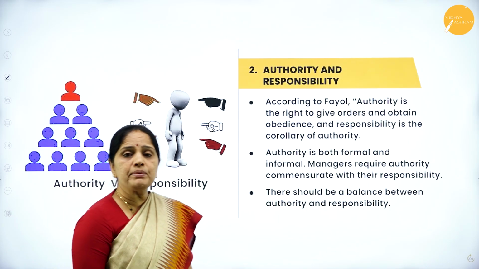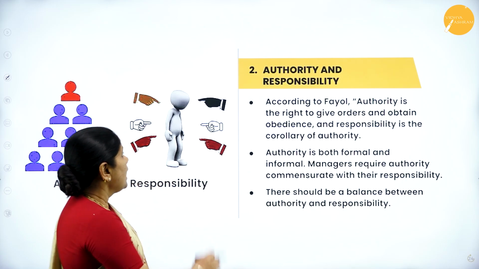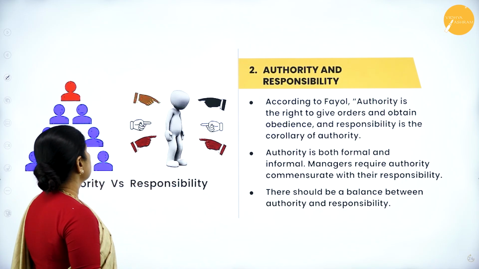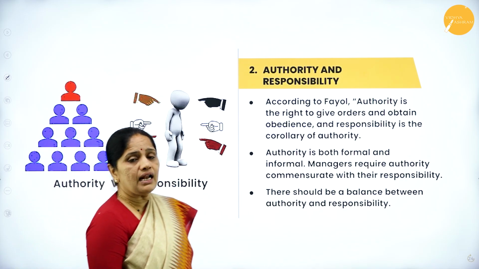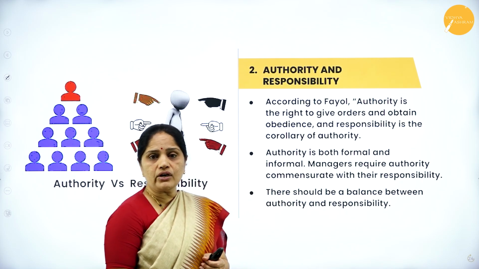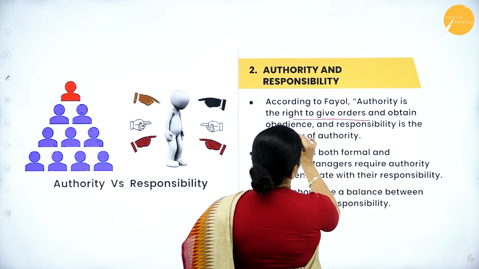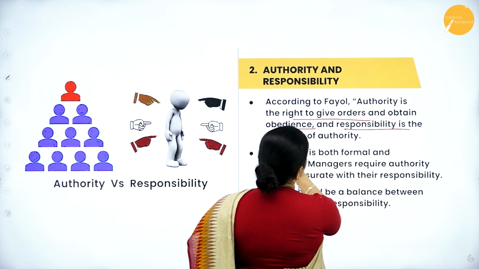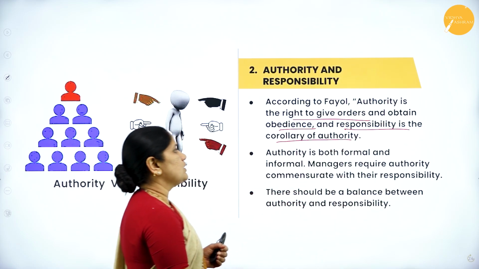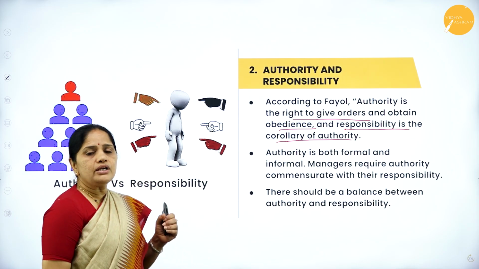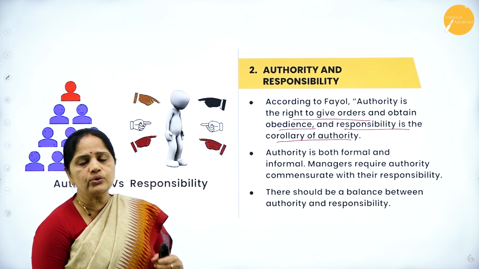Now, the second principle of Henry Fayol is authority and responsibility. Let us understand the meaning of the word authority. Authority is the right to give orders and obtain obedience, and responsibility is the corollary of authority. Authority means you are given the right to give orders.